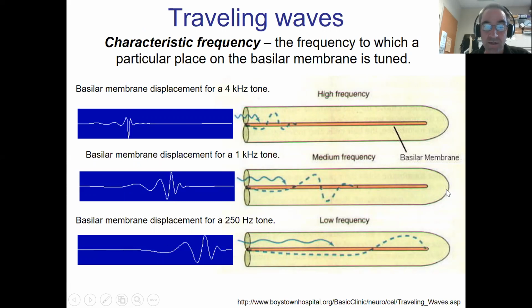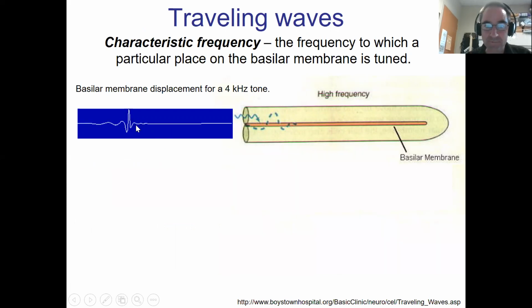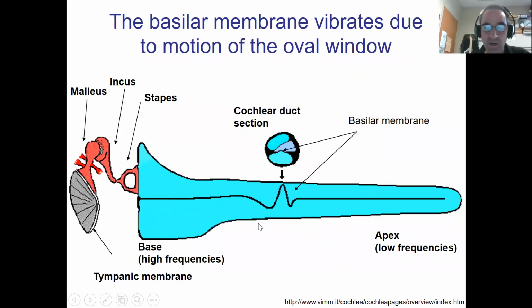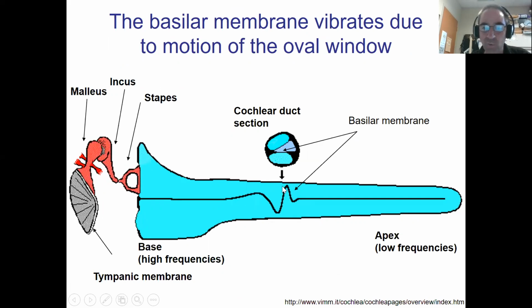I just should say that these diagrams, and this one here, if we go back, are vastly exaggerating how much the basilar membrane moves up and down, right? This shows the basilar membrane almost touching the wall of the cochlea.